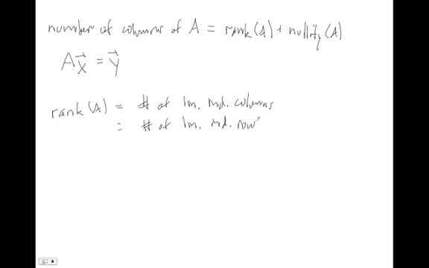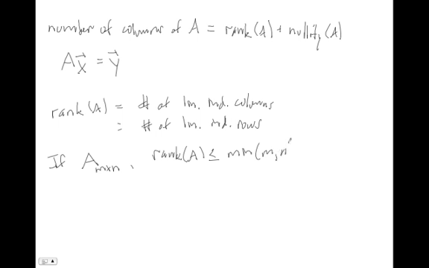And this is always true, even for non-square matrices. So if A is an m by n matrix, so m rows and n columns, then the rank of A is less than or equal to the minimum of m and n.